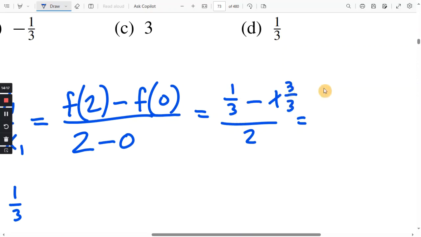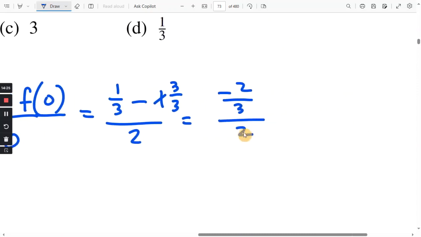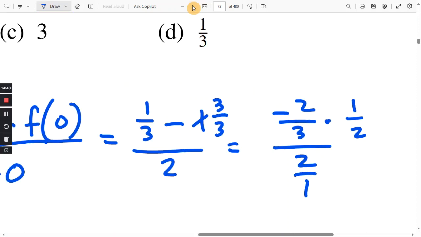Well, 1 minus 3 is -2, and that's divided by 3, and this denominator is 2. All right, so we have to use keep, change, flip. We see the bottom denominator is the same as 2 over 1. So keep -2/3, change division to multiplication, and flip 2 over 1, make it 1/2.